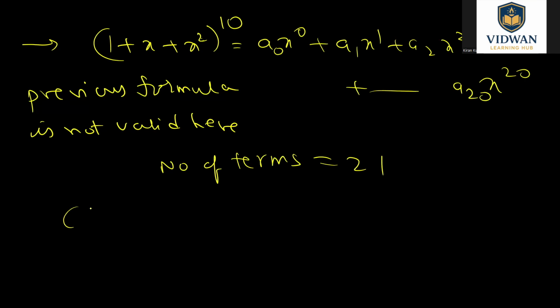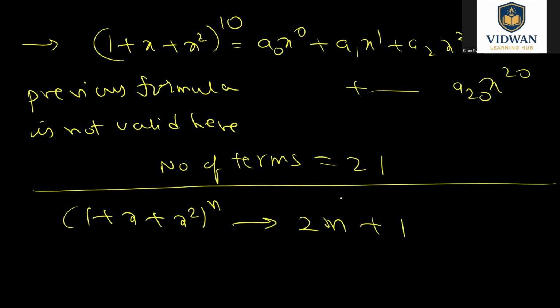In general, you can say if there is something like 1 plus x square power n, what is the formula for number of terms? It will be 2n plus 1. So if you have to write number of terms, this is the formula. And even if you have something like x plus 1 plus 1 by x power n, even here you can take LCM.